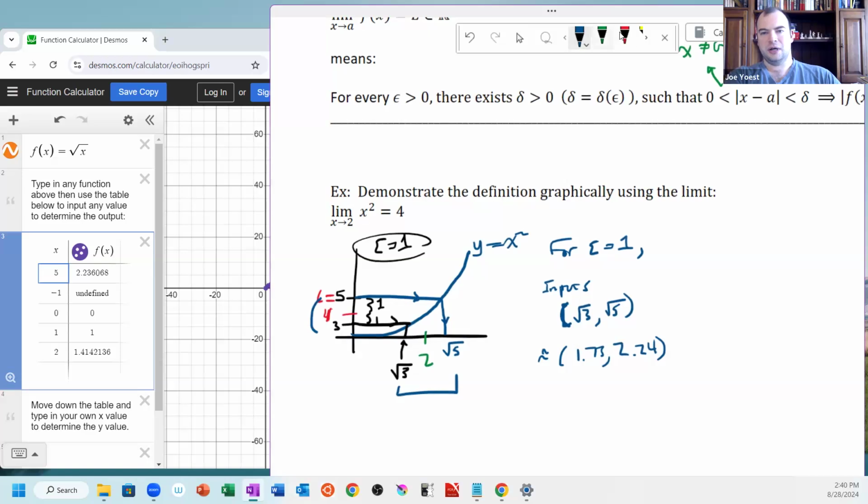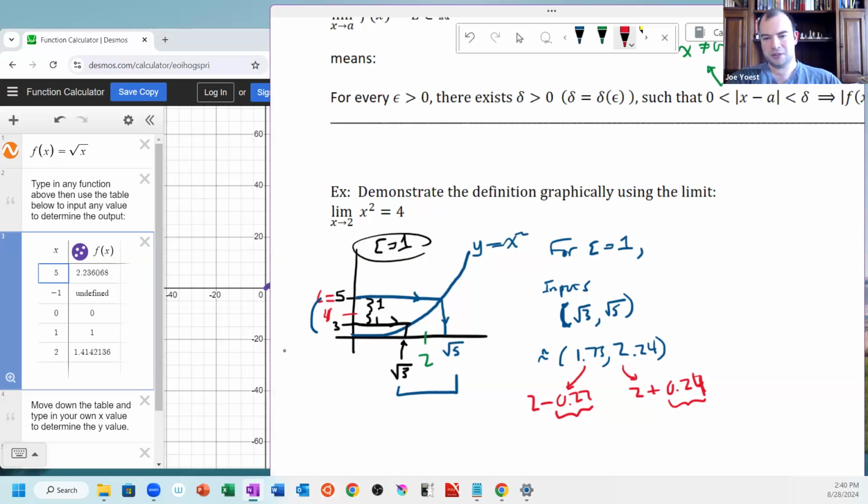So in other words, on the upper end, this is like 2 plus 0.24. So if I have a delta of 0.24, the right-hand side will be happy. 1.73 is like 2 minus, well, what's that? That's going to be 0.27. So if I have a delta of 0.27, the left side will be happy. I need to pick a delta that makes both of them happy.